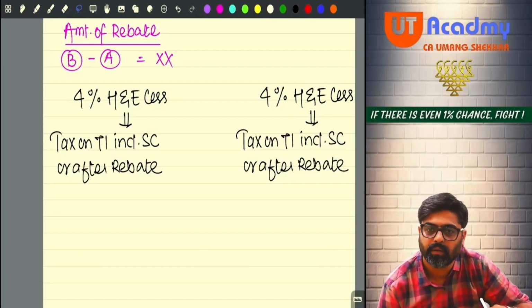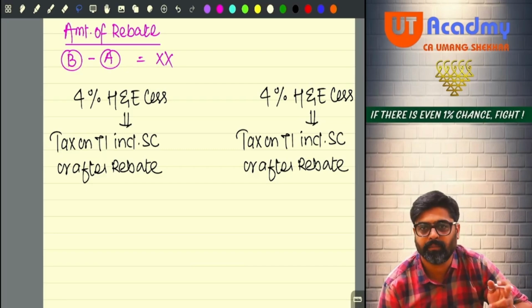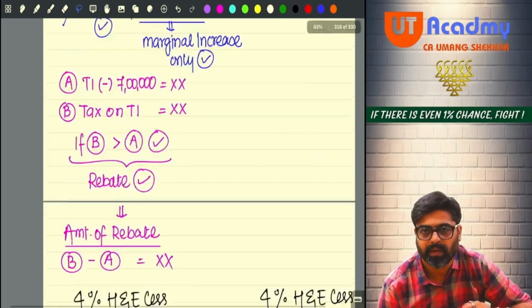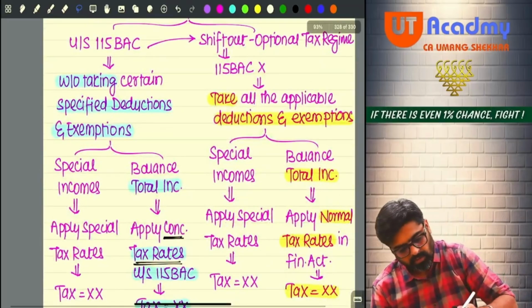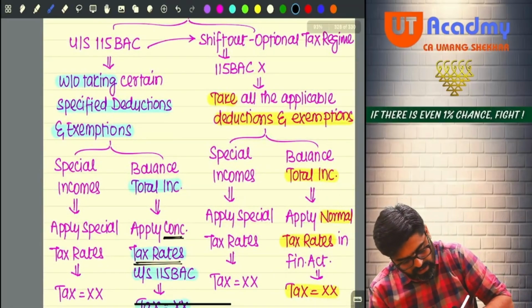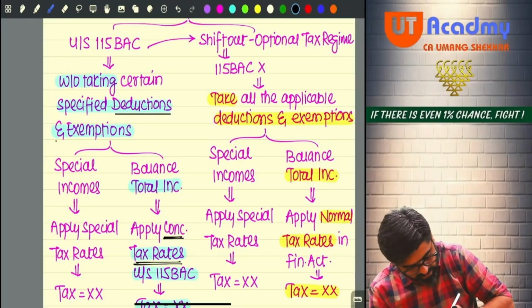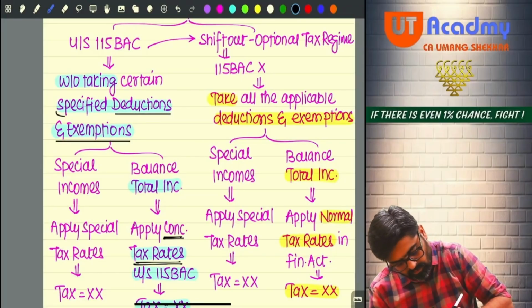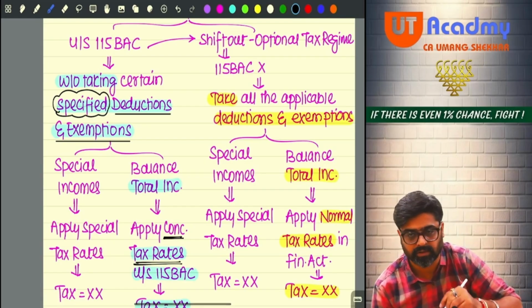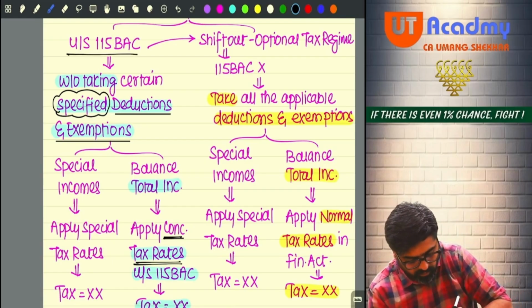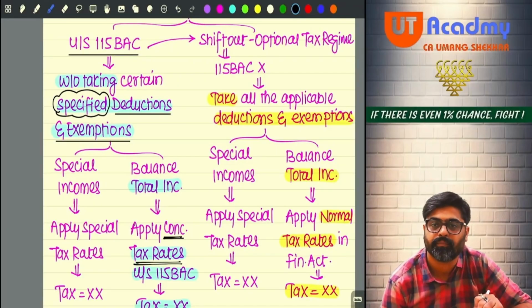Yes, sir. Now, did you understand the comparison? Okay, don't commit mistakes. Now pay attention, which are the deductions and exemptions which are specified that you cannot take if you are following 115 BAC?